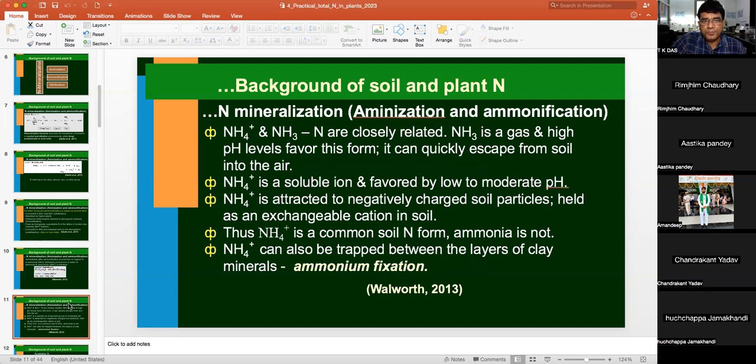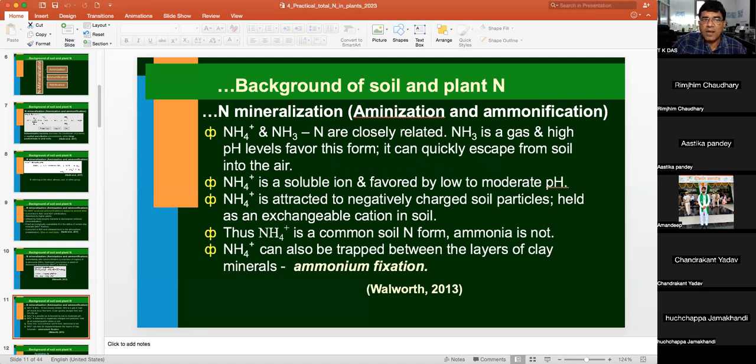Now, what is the relationship between ammonium and ammonia? You have seen that ammonium ions are formed after hydrolysis. So ammonium and ammonia nitrogen are closely related.